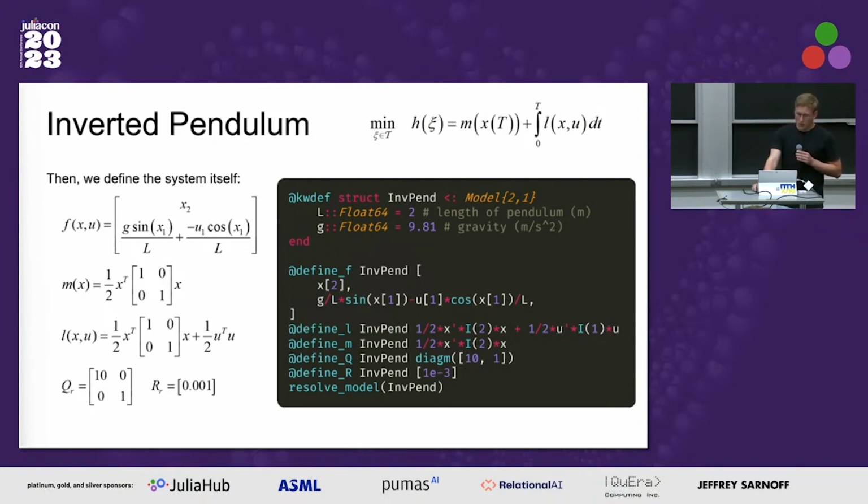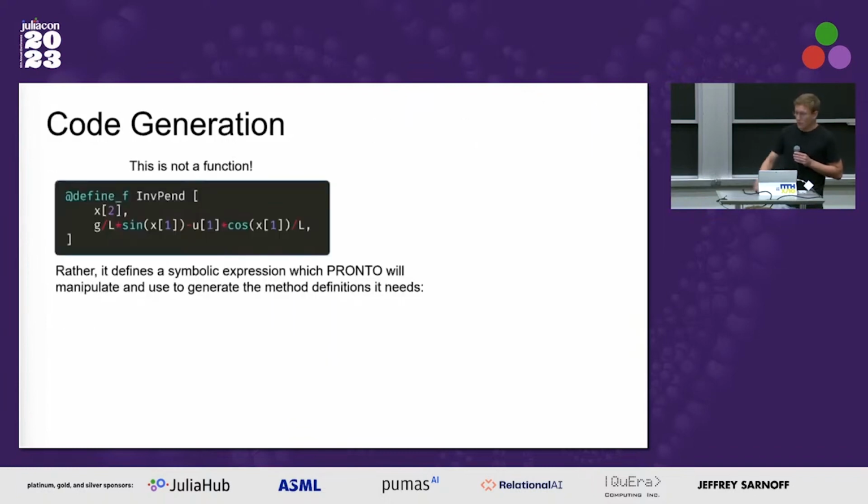And the next thing that happens is a code generation step. So it's important to note something like this is not a function, but it defines a symbolic expression that Pronto can manipulate. It uses the information from the type definition to essentially generate a palette of available symbols that we expect Pronto to have. So you can conveniently use the parameters that you attach to your type.